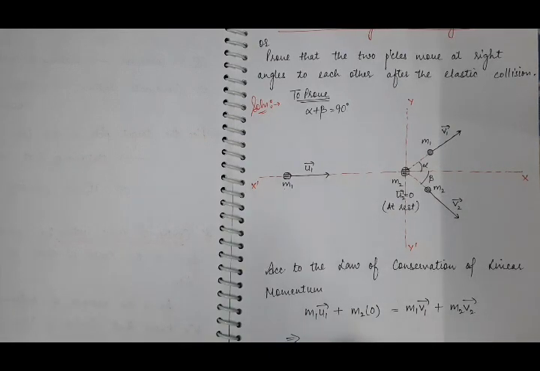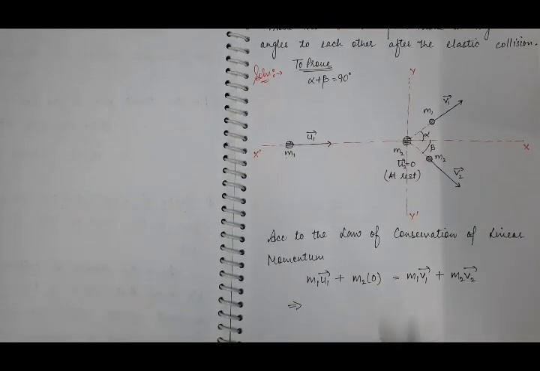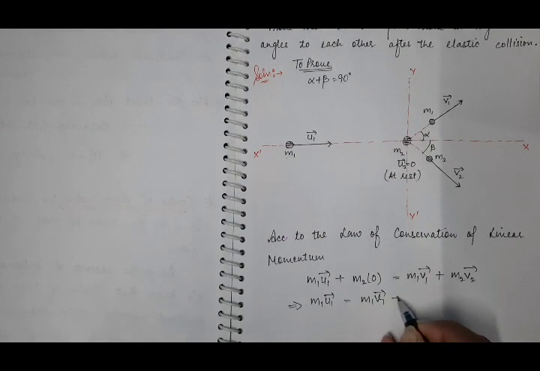So this equation is m1 u1 equals m1 v1 plus m2 v2.